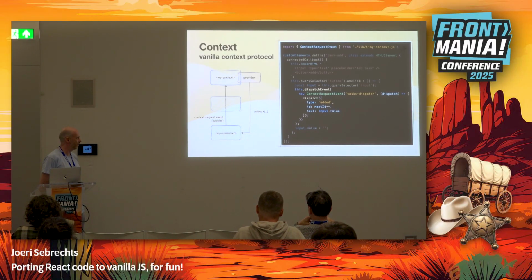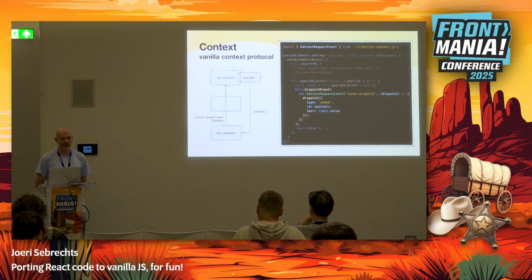That listener will stop the event from propagating further, and then it will strip the callback function off the event and call the callback with the asked-for context. There's also a subscription mechanic if you want to be subscribed for updates, and then your callback will be called every time the context changes, which solves basically 80% of what React context does.